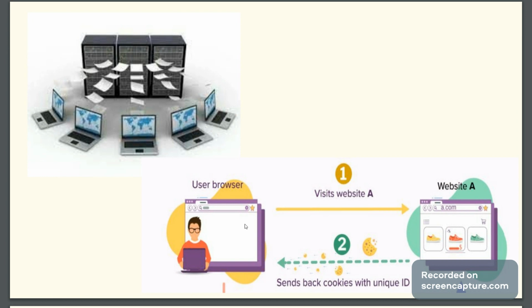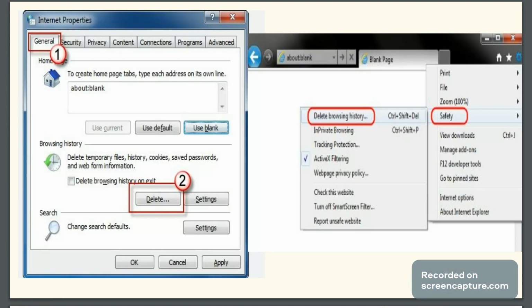On that machine, another user can make use of that cookie for misuse. For example, many times on the system we use, if we go to the internet history, we can see all the names of the websites that we have searched, and many times we can find out what login details the user has entered.